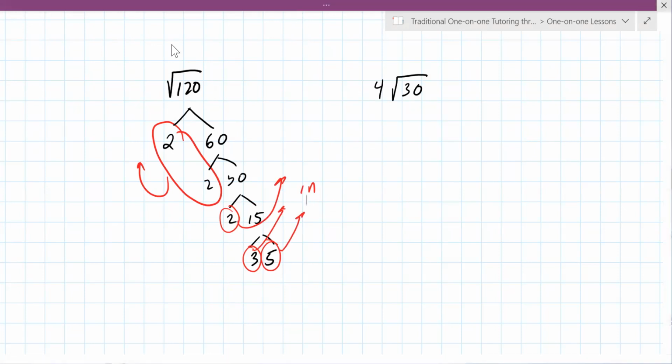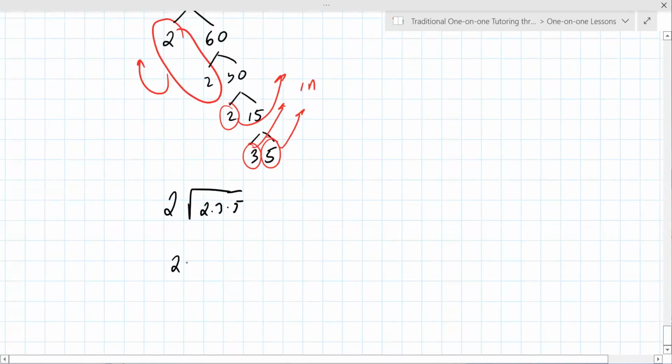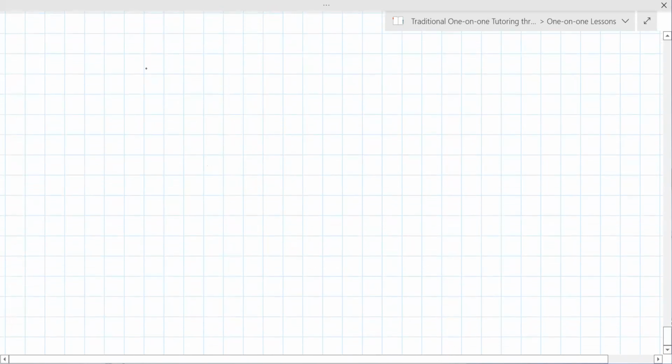So the 30 is correct, but it would be 2 out, square root of 2 times 3 times 5, which is like you said, the square root of 30. Okay. So let me give you a more basic one here to try out. Let's say it's square root of 24. Would you try that one for me, please? Yes.